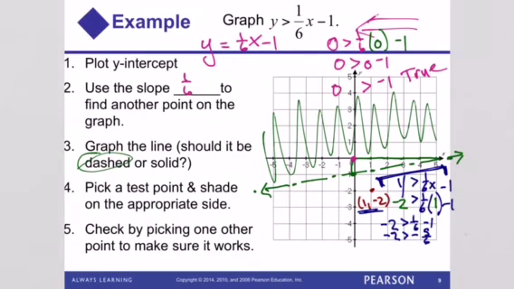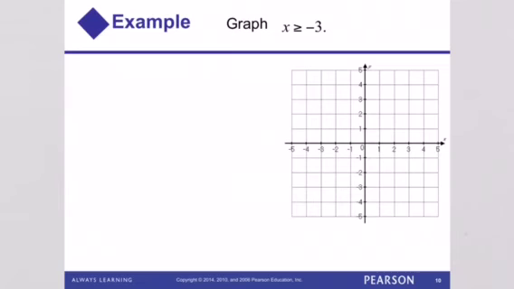That's false. -2 is not greater than -5/6. So I verified for myself that I have shaded on the correct side of the line. This last step down here where it says check by picking one other point, to make sure it works, I picked one on the other side to make sure it doesn't work. Okay, good enough.